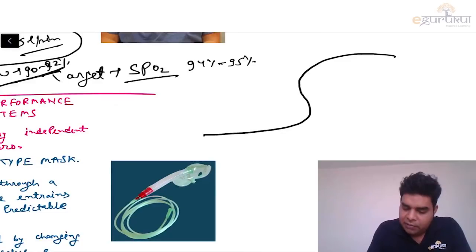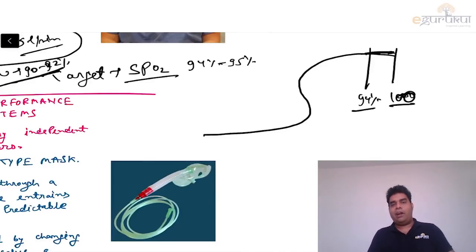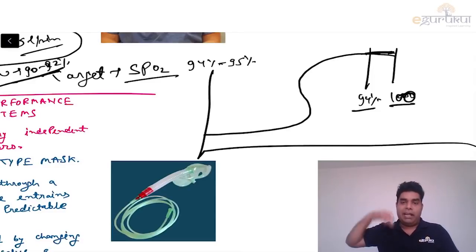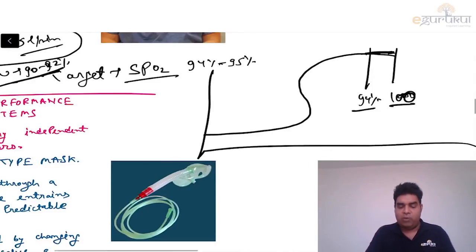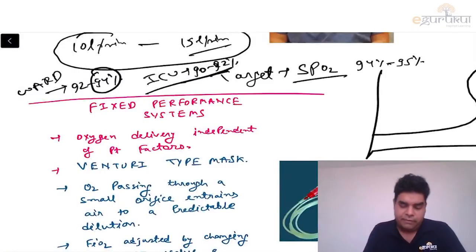That means from 94 to 100%, the amount of oxygen in the blood is almost the same. So it's not very different if we are giving 94% oxygen or 96 or 98. The amount of oxygen in the blood will remain the same. So we need not increase the oxygen after 95% in every patient, especially in ward setting. In ICU setting, 92% will be enough.